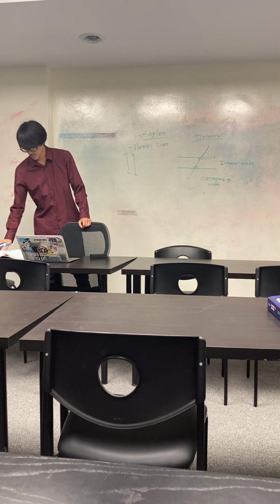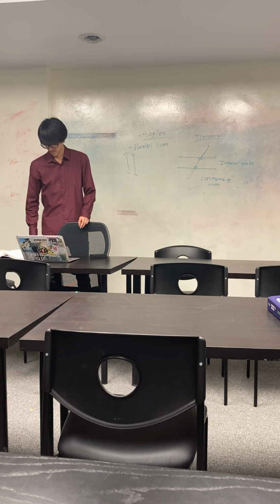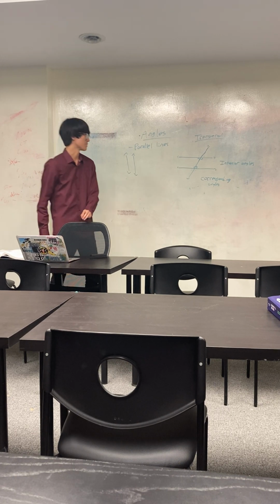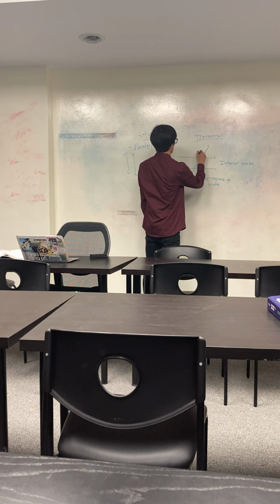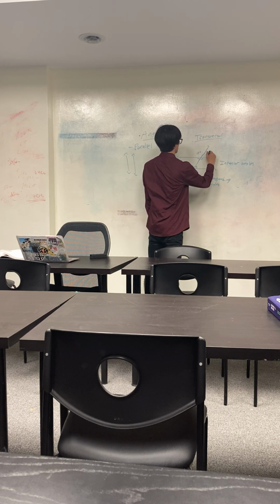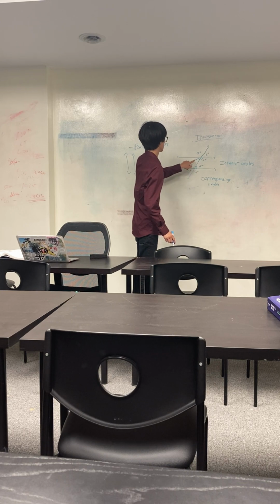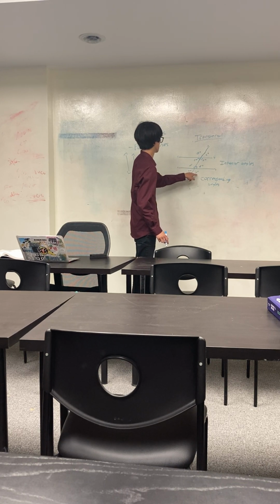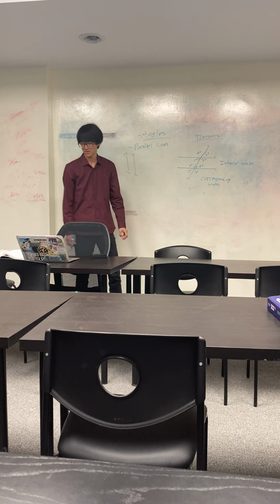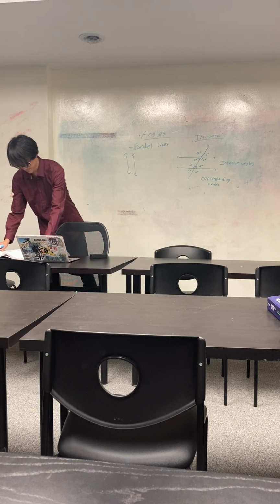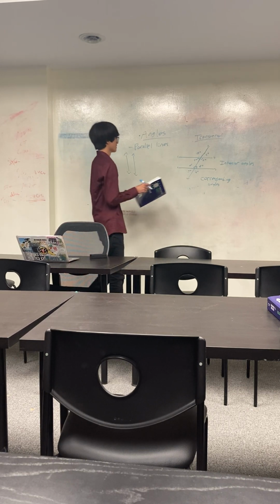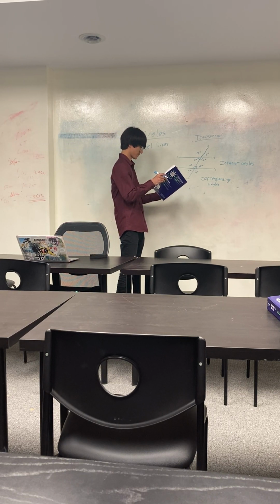So, let me label all these letters. So I have A. So we have angle A, B, C, D, E, F, G, and H. So here are the 4 properties of these angles that are formed by a transversal.